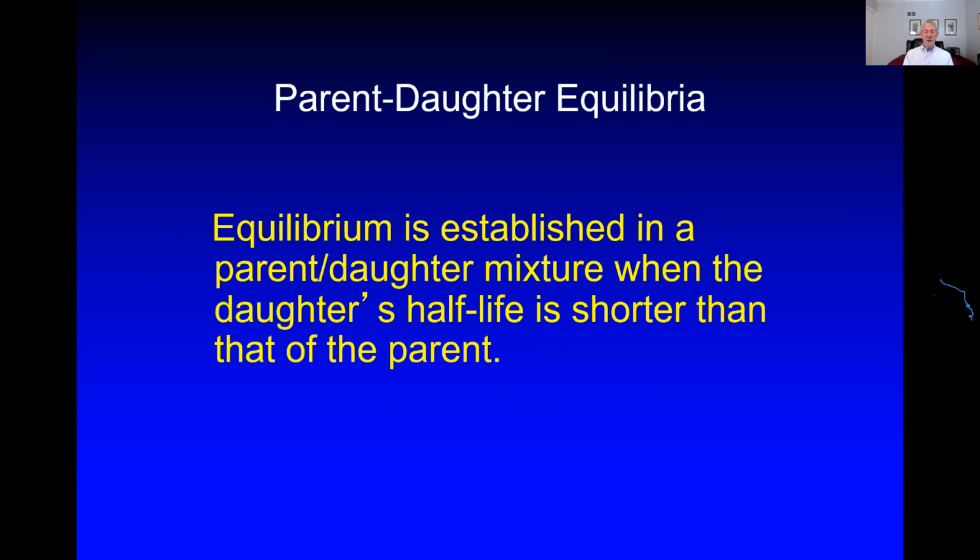And the only condition is that both are radioactive and that the parent's half-life has to be longer than the daughter's. Or as this slide says, the daughter's half-life has to be shorter than the parent's. So anytime you have a parent decaying to a daughter and the daughter's half-life is shorter, equilibrium will be established.